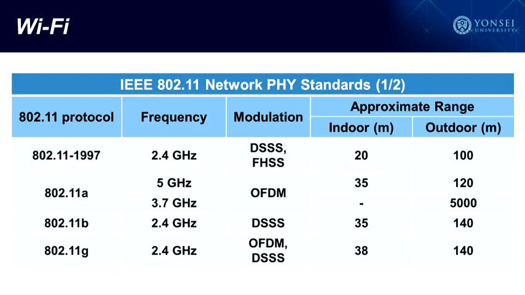Now, 802.11b for indoor is about 35 meters, outdoors about 140 meters. And the 11g standard does approximately the same as the 11b because they're at the same frequency range and they typically use the same bandwidth characteristics. It's just that their modulation structure can be a little bit different.